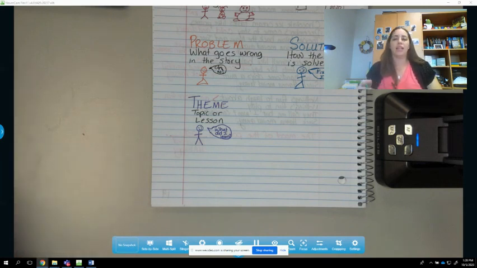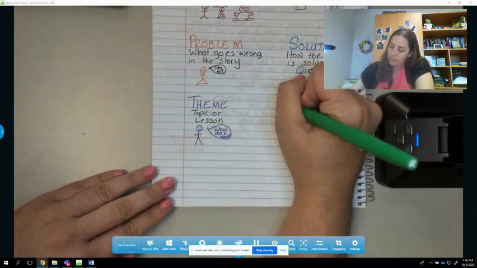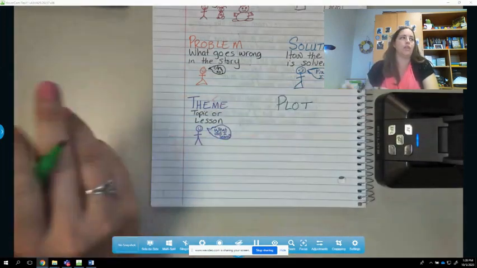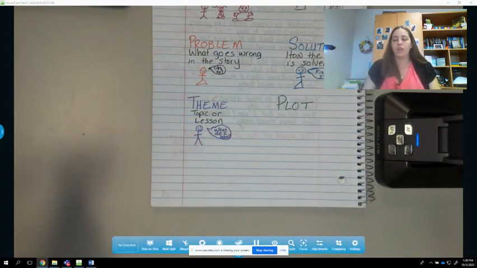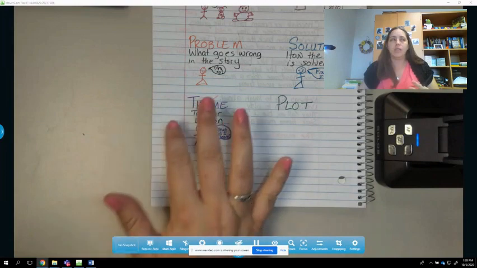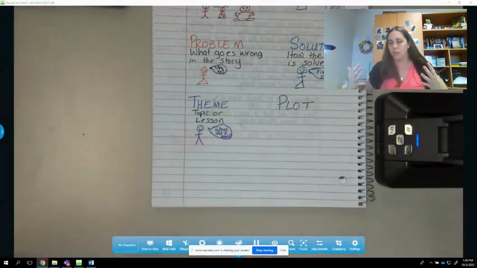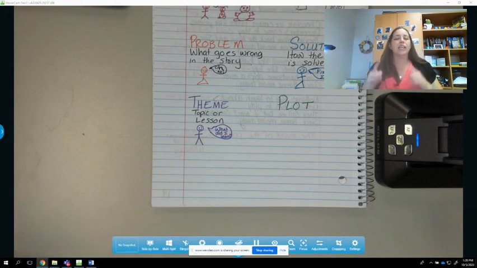Now the last but not least story element is dun dun dun, the plot. And you might be going, but Miss Froggy, we talked about the problem and the solution and the characters and the theme. Isn't that the plot? And the answer is yes.